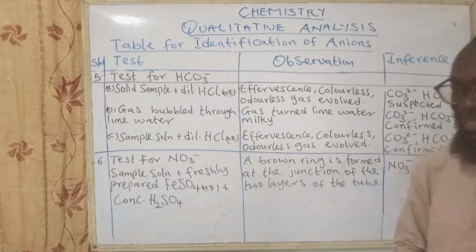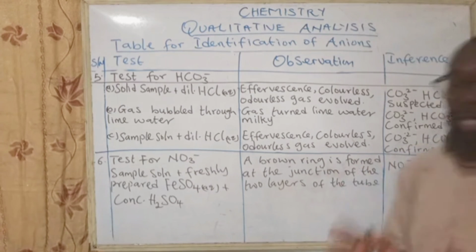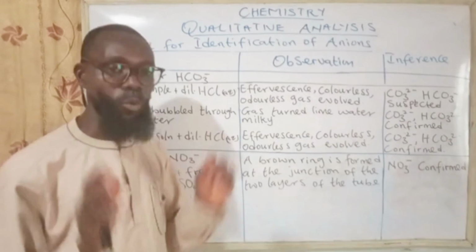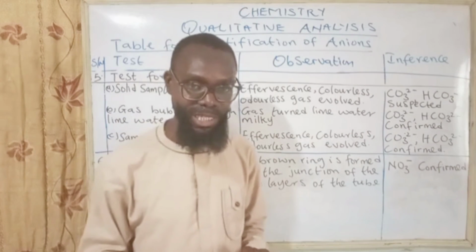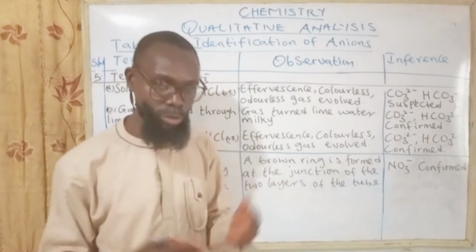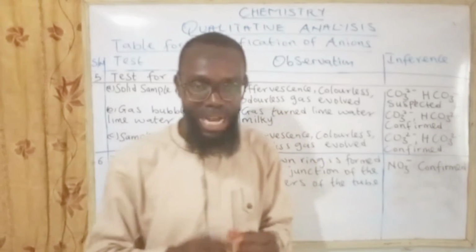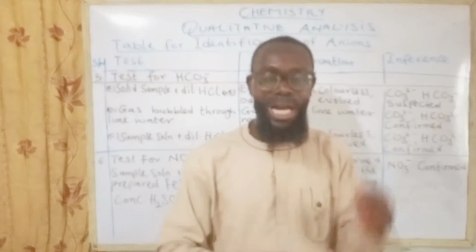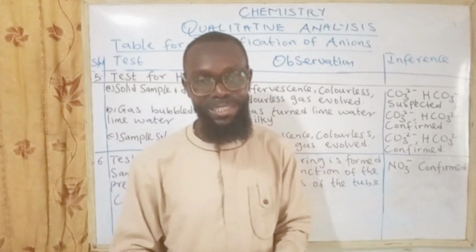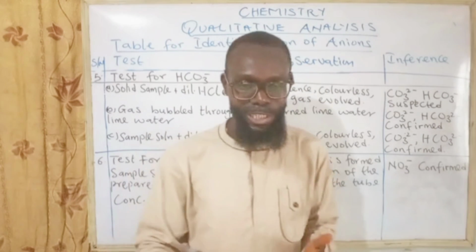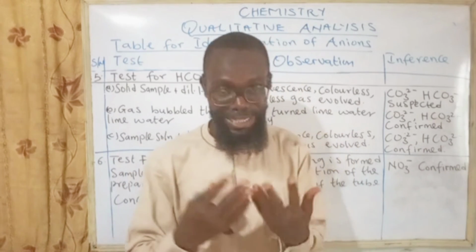So this is the theory part of qualitative analysis. In our next class, we are going to move to the lab to look at how we perform these experiments. How do we perform the dropwise addition? How do we perform when it is in excess? Then what are the color changes, so that we view it directly.